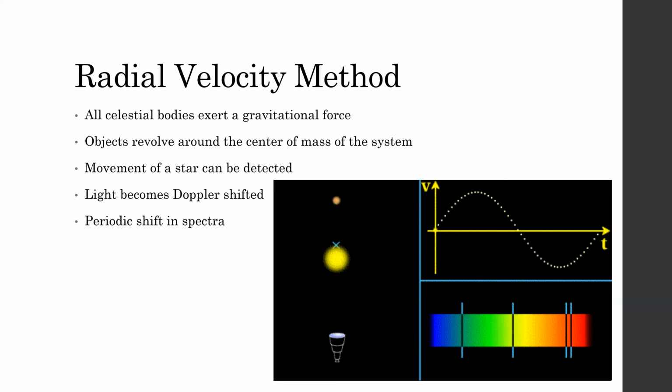And when the star is moving away from us, the wavelengths get lengthened, or redshifted, because they move towards the redder end of the spectrum. When we see a periodic shift in the spectra from the star, we can determine that it's moving back and forth and there's something causing it to move back and forth. And that way we can infer that there is a planet there.